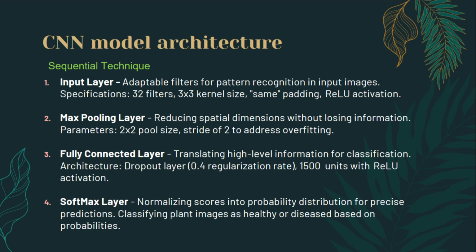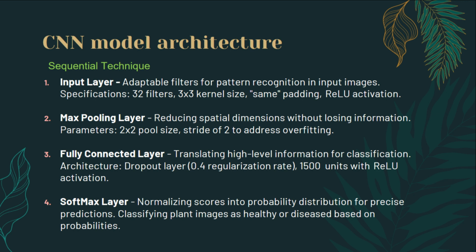Following with the next layer is the max pooling layer, which will reduce the spatial dimension without losing information, and the parameters are set as 2 by 2 pool size, stride of 2, to address overfitting. Following with the fully connected layer, it will translate high level information for classification.